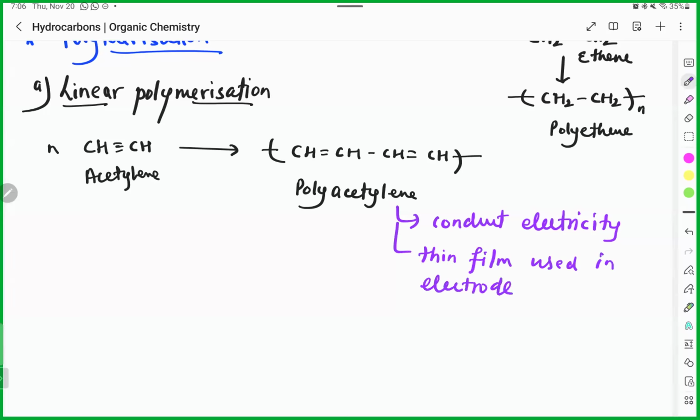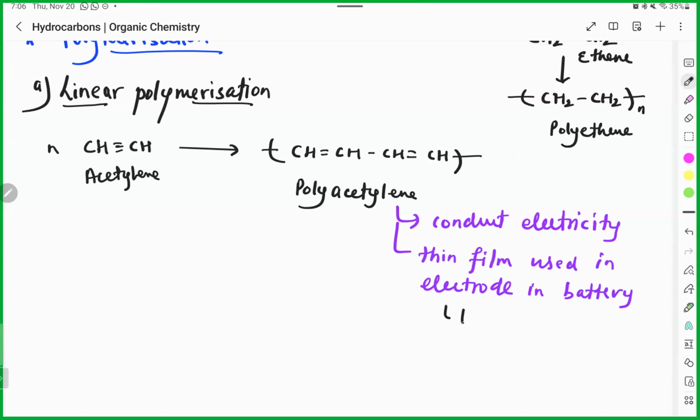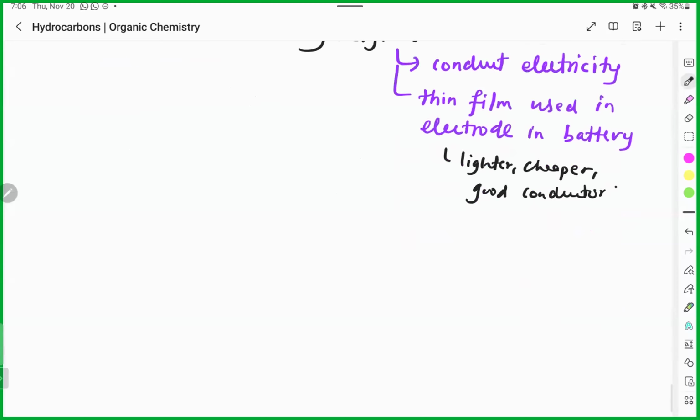A thin film of polyacetylene is used as an electrode in batteries. Why? Because they are good conductors, lighter and cheaper. Correct? Last reaction, and the last reaction is special.